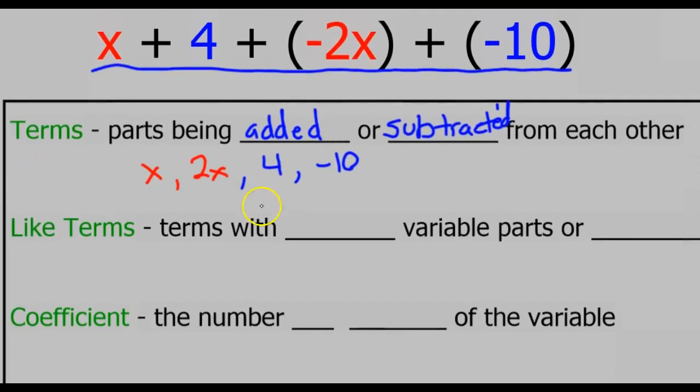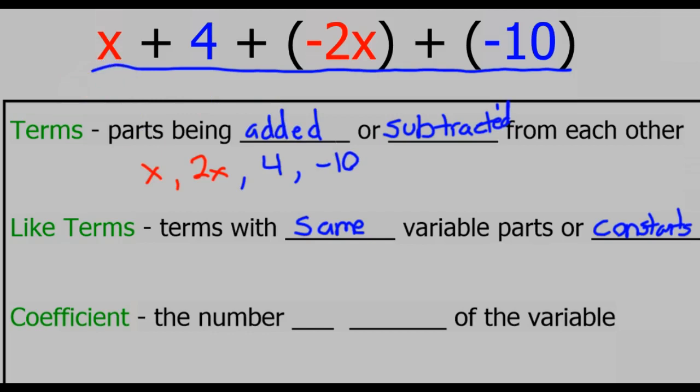Now, like terms are terms with the same variable parts, or what are called constants. So the same variable parts, what I'm talking about when I say that is if they have the same letter.